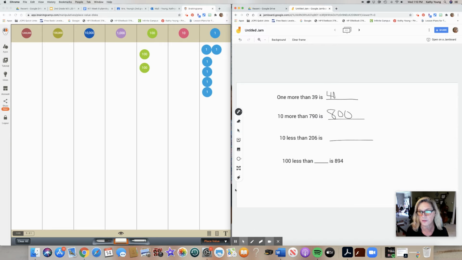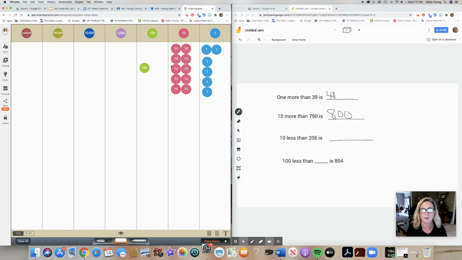This next one is probably the most difficult one that we're going to hit, and that is 10 less than 206. So 10 less means I'm subtracting 10 from 206, and I don't have any 10s here to subtract. So I'm going to need to take one of my hundreds and turn it into 10 tens. So the value is still 206, because 100 plus 100 plus 6 is still 206.